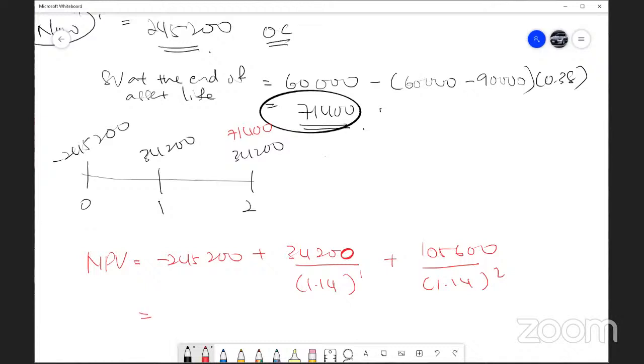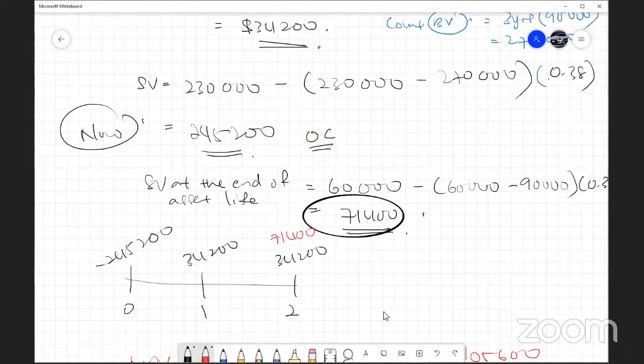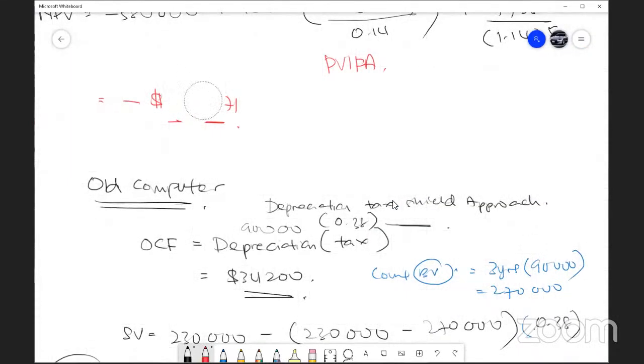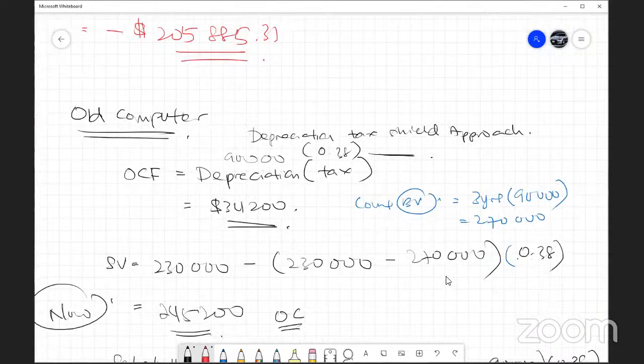So this will give you your NPV for your old machine. This NPV was also wrong again. I mislooked it a bit. It's 205,885.31. Sorry. Okay, that's the NPV.